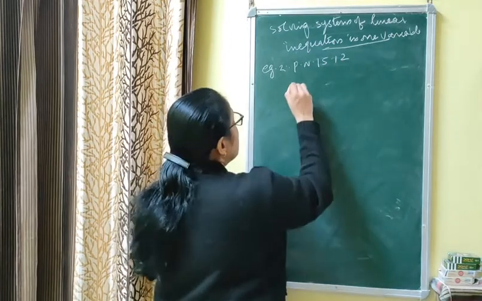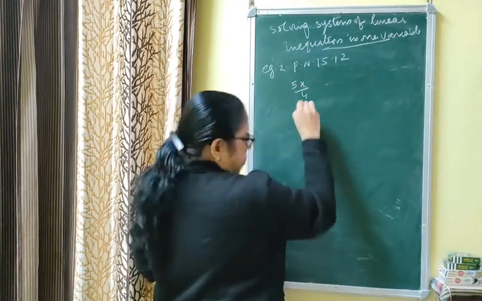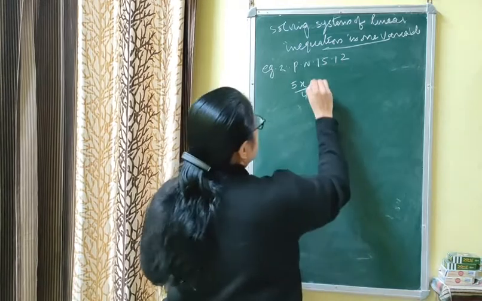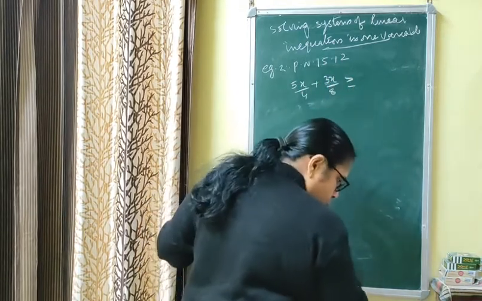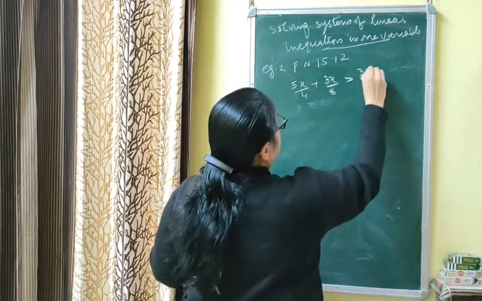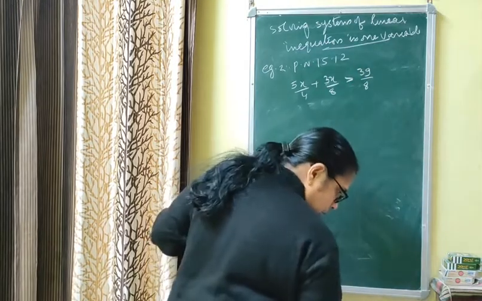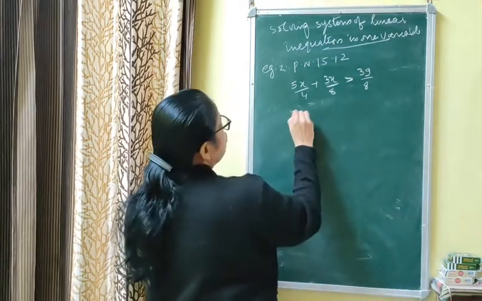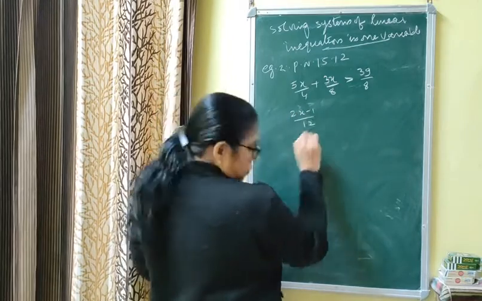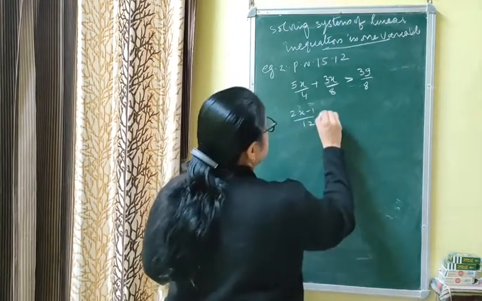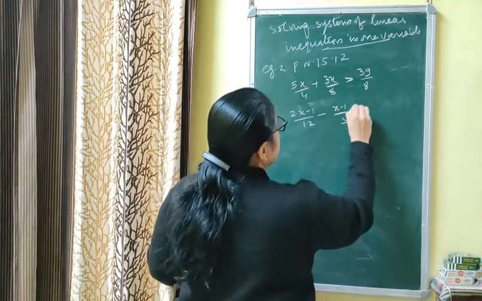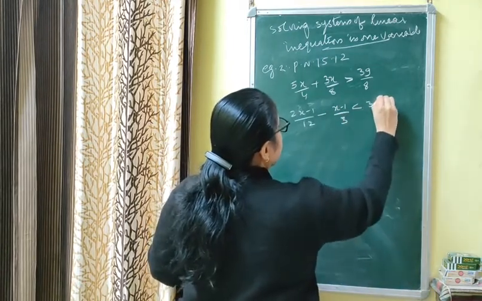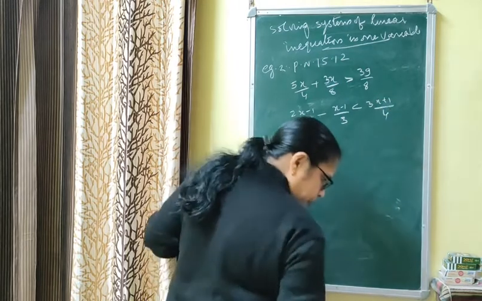First inequation is 5x by 4 plus 3x by 8 is greater than 39 by 8. First equation is this one. Second one is 2x minus 1 by 12 minus x minus 1 by 3 less than 3x plus 1 by 4.